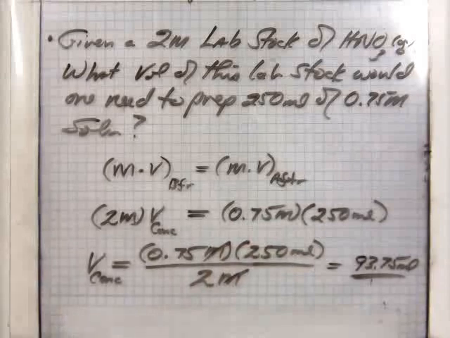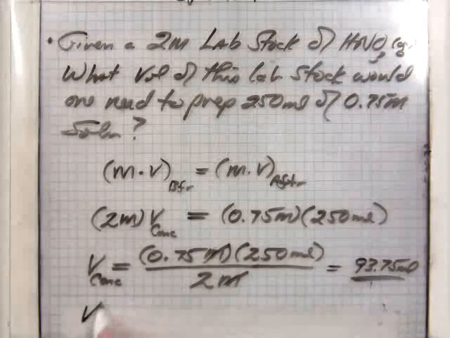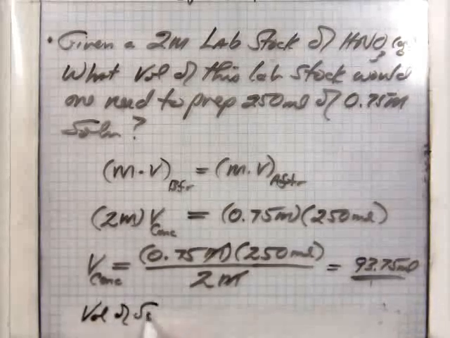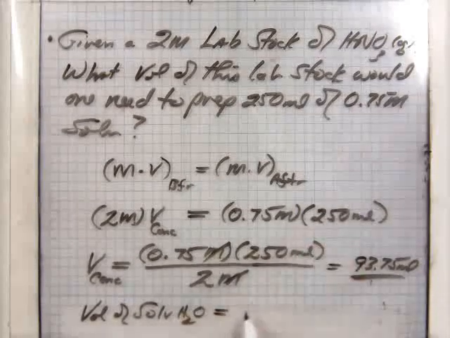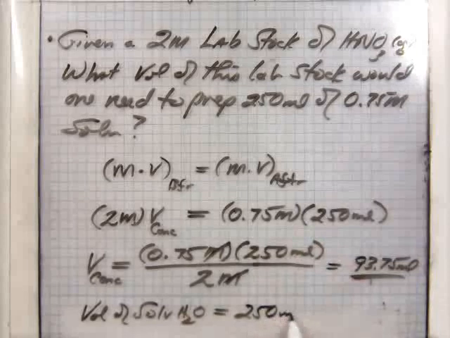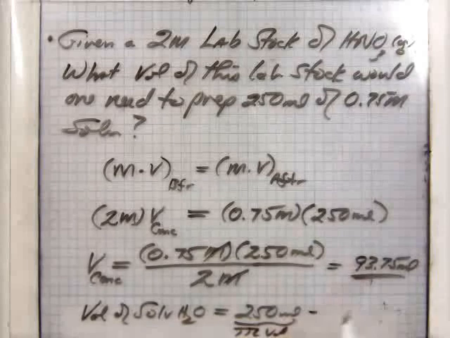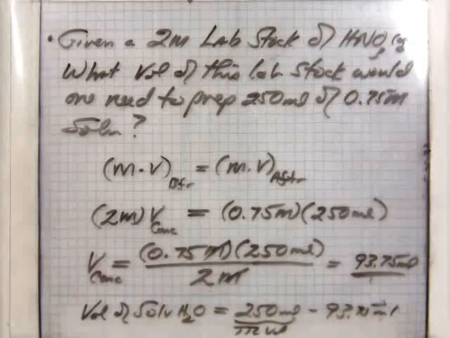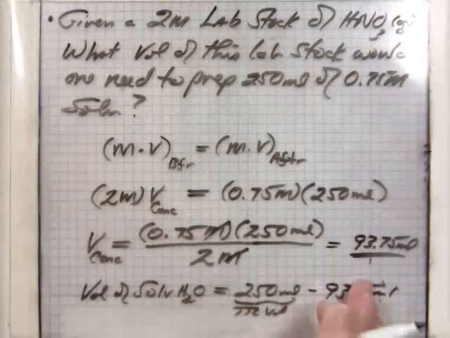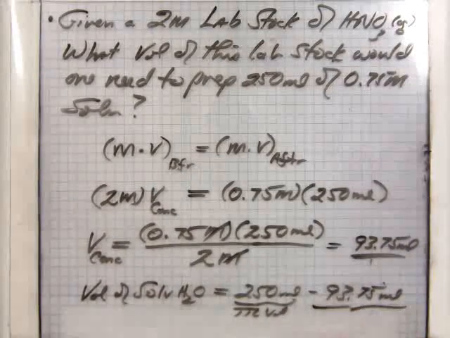Okay, so you've already got 93.75, so the volume of solvent water is 250, the total volume, minus what you start with in the beaker, which is the 93.75 milliliters that you already have in the beaker.